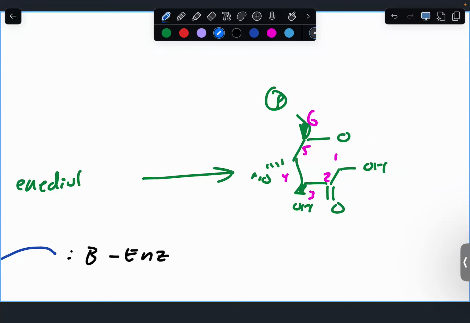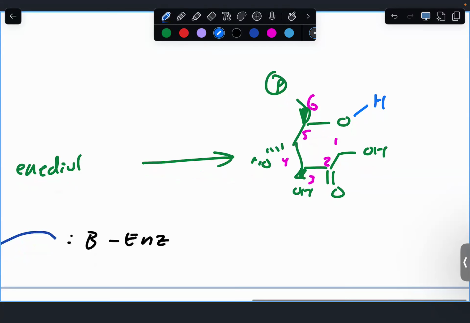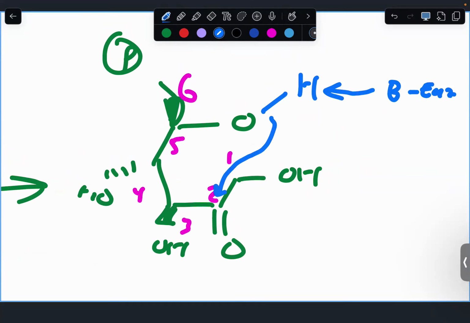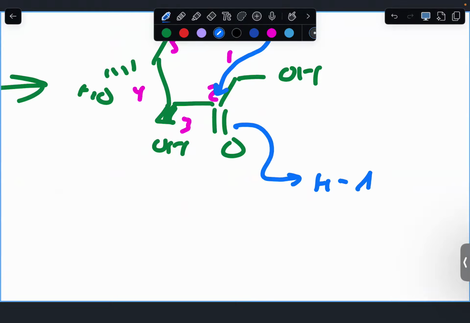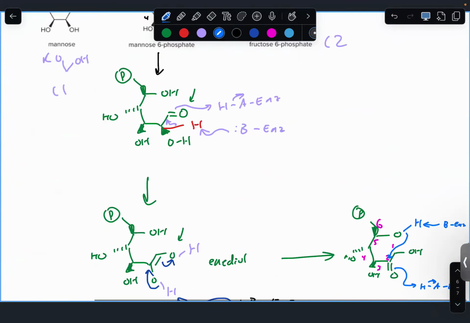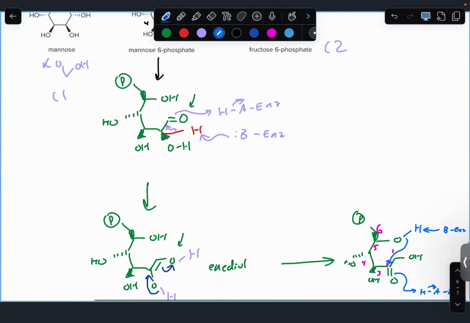Let me draw this out again. So we'll have a base from the enzyme. Pull off this proton. That'll attack this carbonyl. And then those pi bonds will come up to pull off a proton from an enzyme acid. And we get our final product, fructose 6-phosphate.